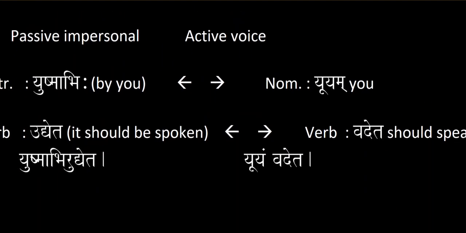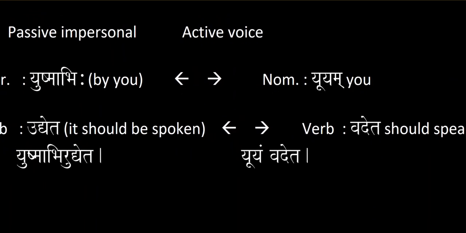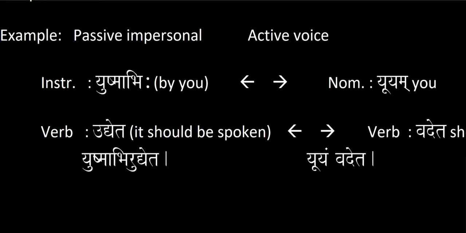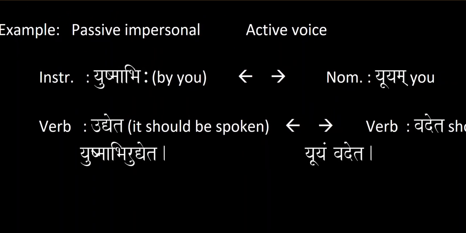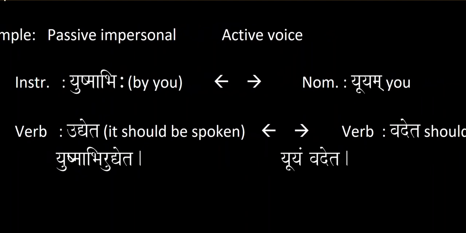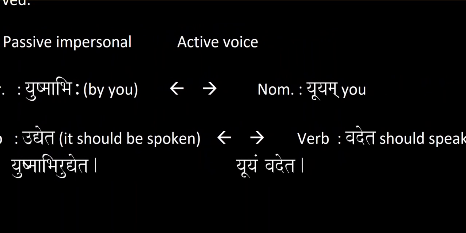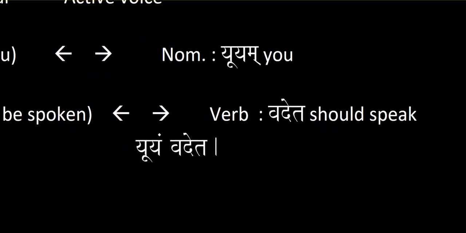So the tense is still preserved here. We're just changing it from passive to active voice. Of course, if the mood was potential or imperfect, or if it was imperative, you would still have to preserve that.